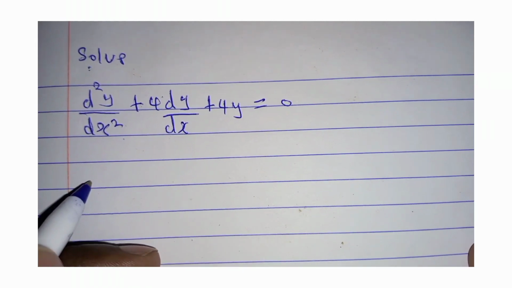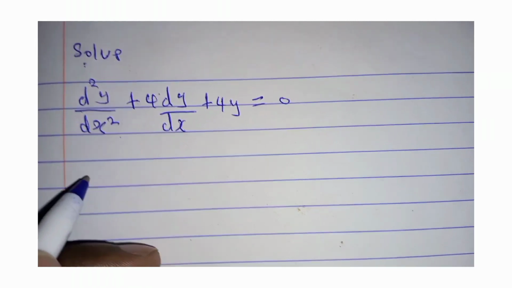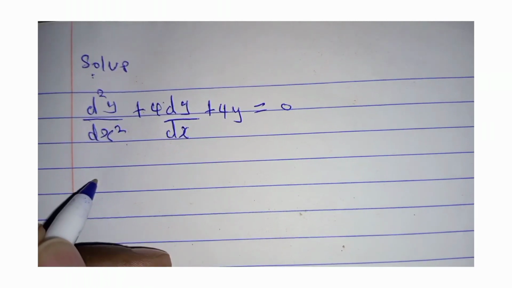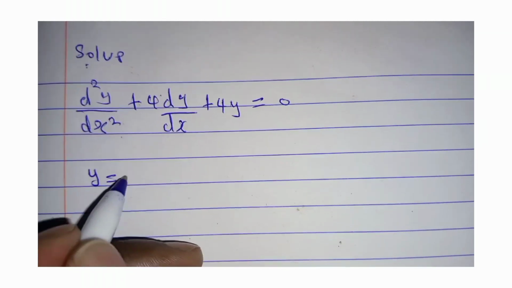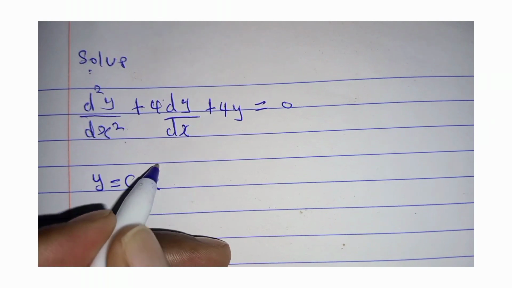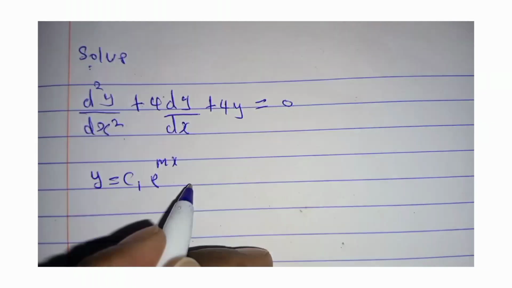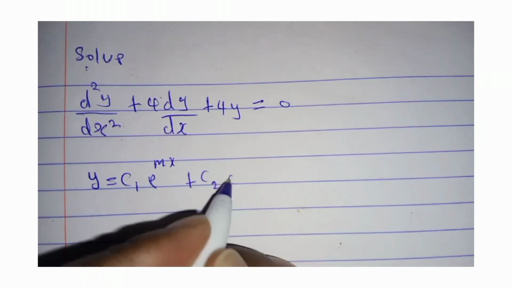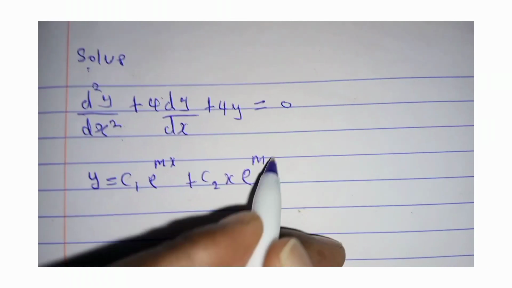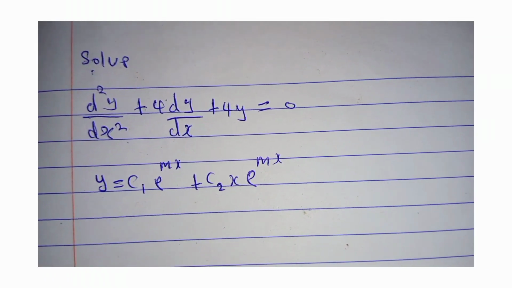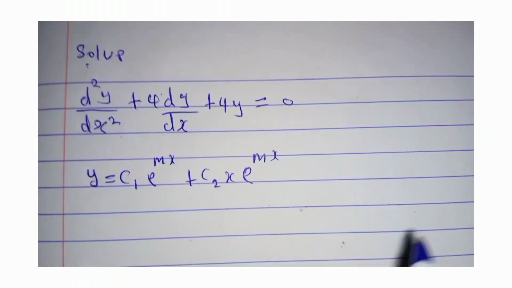Here we expect our solution to be of the form y is equal to c1 exponential mx plus c2x exponential mx. You can call this equation 1.